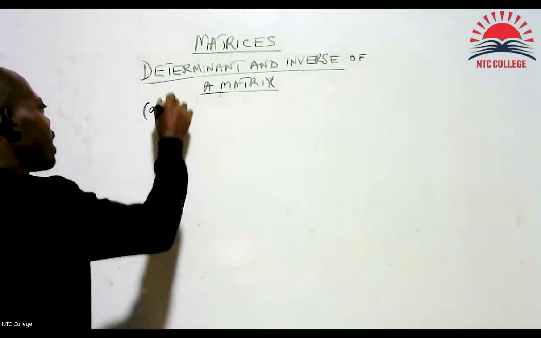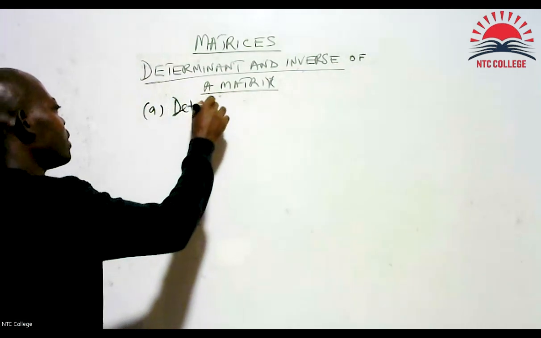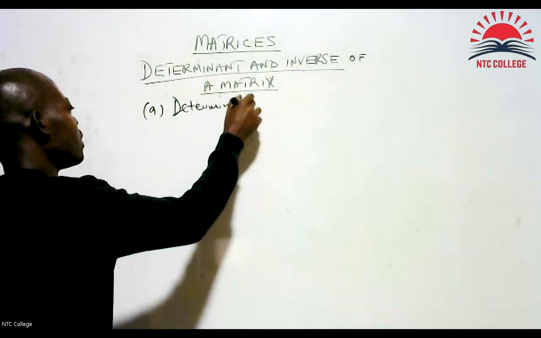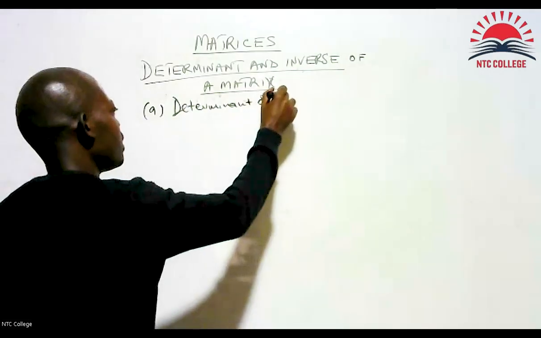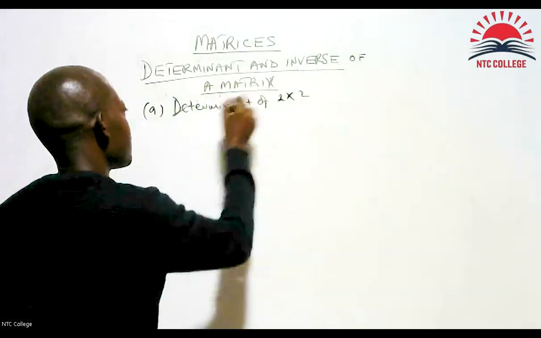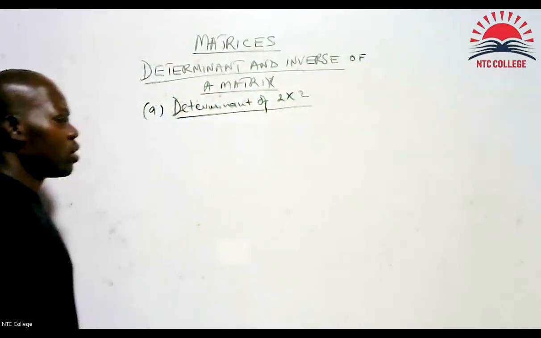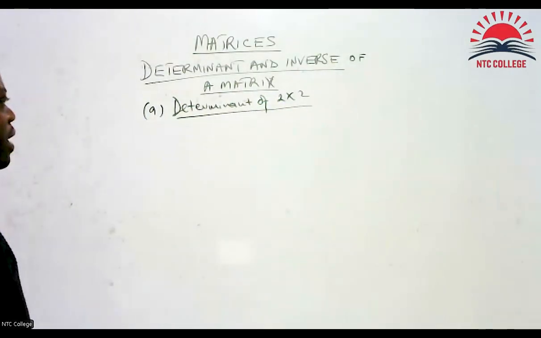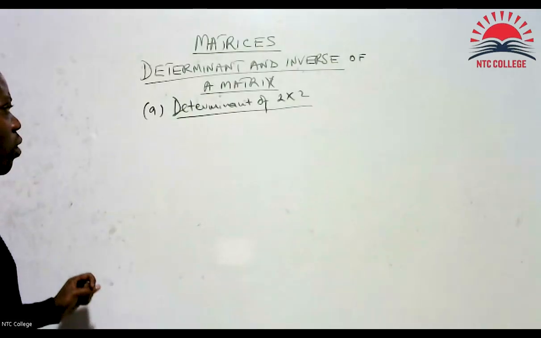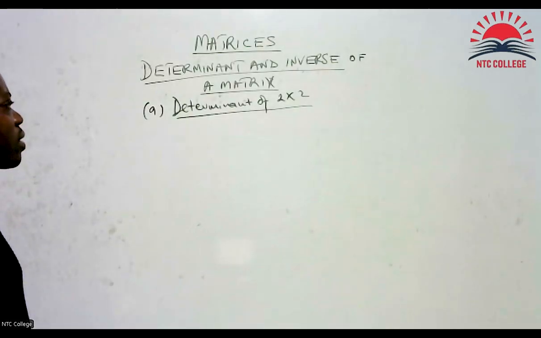So let's look at the determinant of 2 by 2, that is a matrix of order 2. And we now want to state as follows.